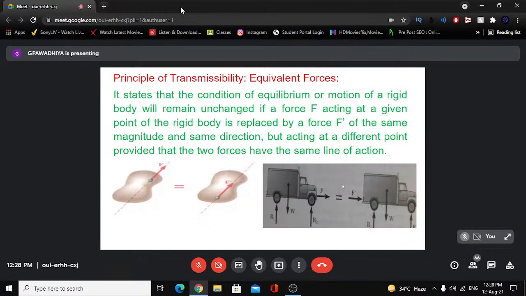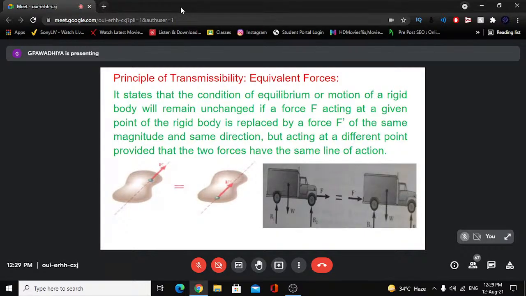So F dash and F will be equal. We have transmitted the point of application of F from the front of the truck to the back of the truck in the form of F dash. If the line of action of both is the same, then F will be equal to F dash if we don't want to change the condition of motion of this truck, because weight is the same and reactions are the same.